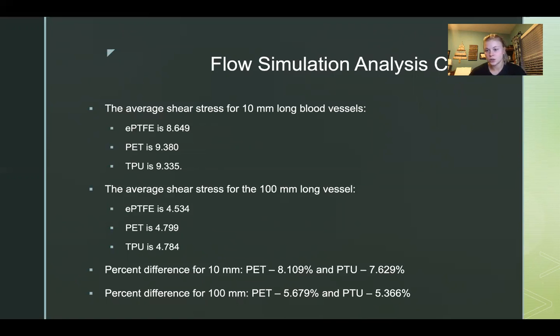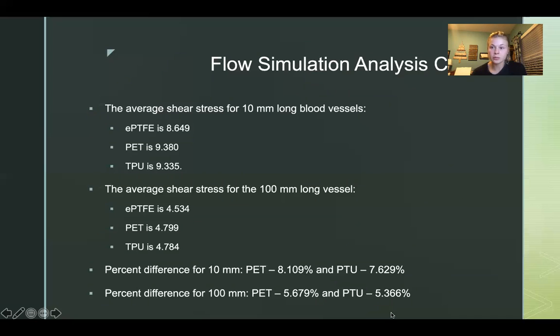So what I chose to do for a comparison, because the PTFE had the lowest, and I had 3 values, I chose to do the percent difference for the lowest compared to the other to show the difference and see if it's a significant difference to base my material off of. So the percent difference for the 10 millimeter PET to the PTFE was about 8%, from the TPU, about 7.6%. Percent difference for 100 millimeters, about 5.6% for PET, and TPU is about 5.36%.